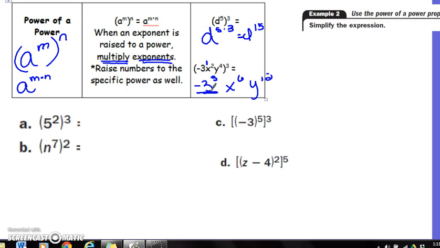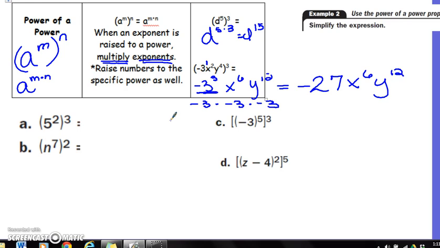Is it positive or is it negative? Positive. It is negative, Kara. Well, let me show you. Oh, I see. I did it wrong. Sorry. So it gives you a negative 27 x to the 6th y to the 12th power.